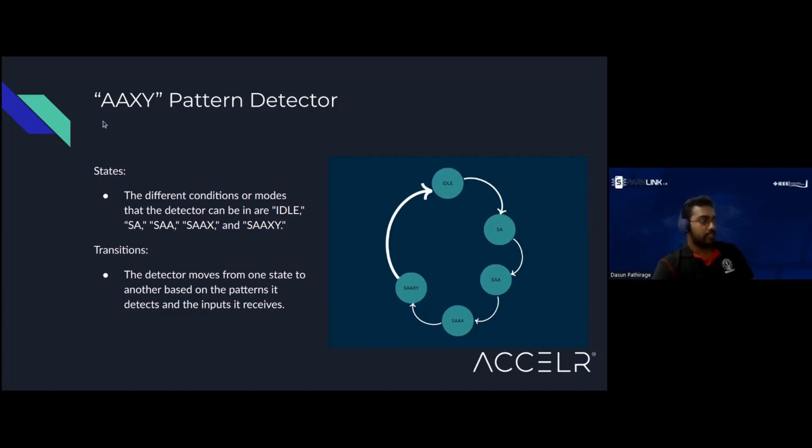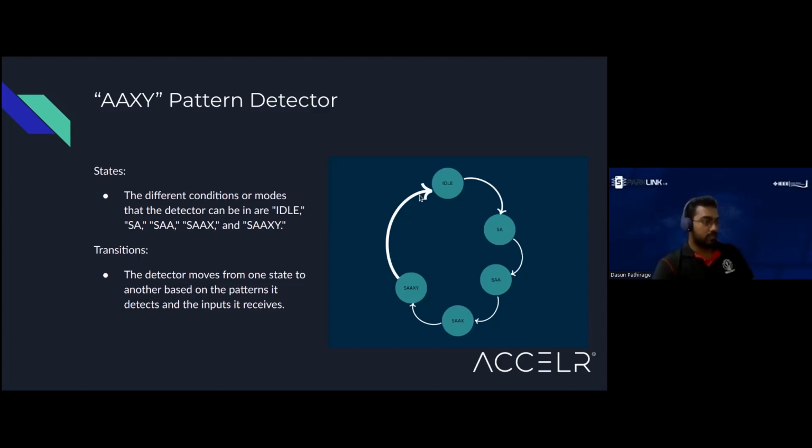Because we have an AAXY detector, we have to detect every stage one by one. So first we detect A, then A. If it is A, then we go to AA, looking for AA, otherwise AAX, otherwise AAXY. Then the transition is based on the input that we are receiving.